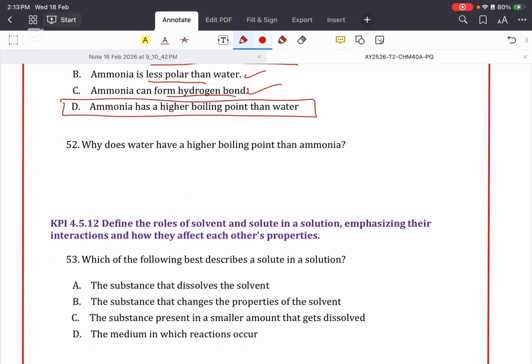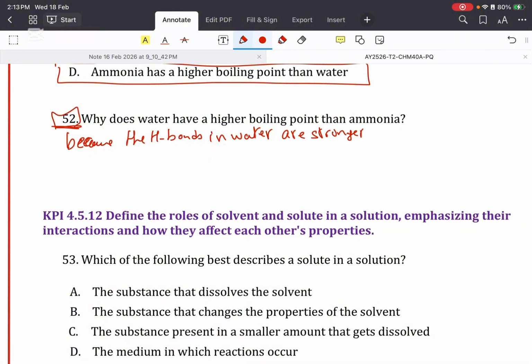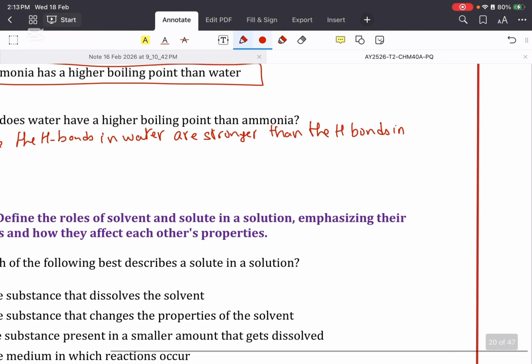Okay? So again, what I explained up, why does water have higher boiling point than ammonia? Because the hydrogen bonds in water are stronger than the hydrogen bonds in ammonia.